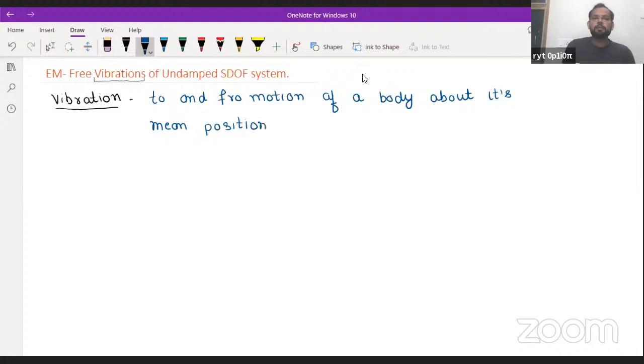Fine. So vibration is what? It is nothing but to and fro. What do you understand by to and fro? Either the term to and fro or the term back and forth, all terms are the same.